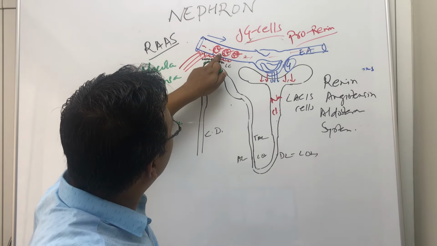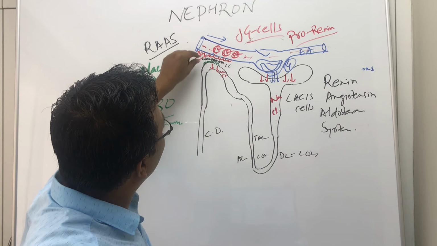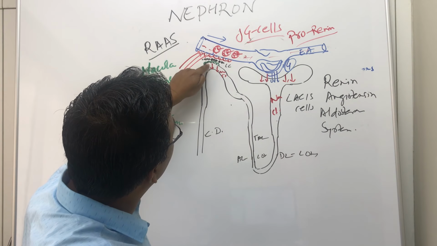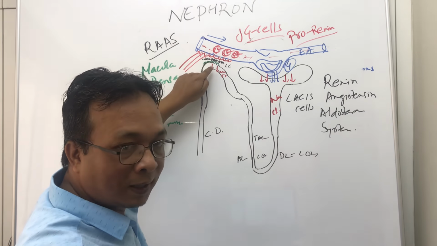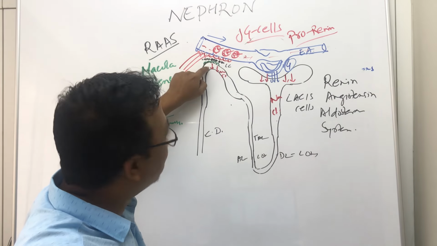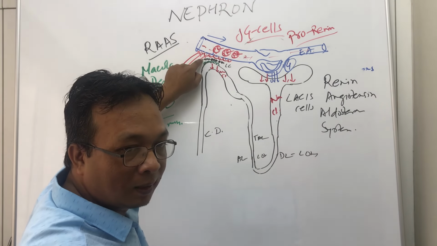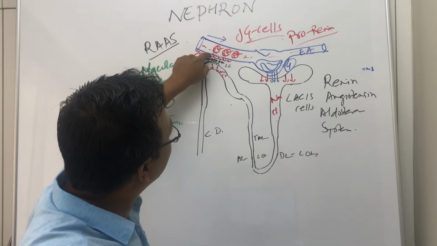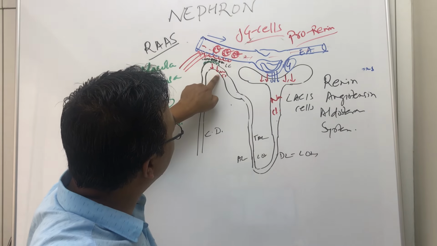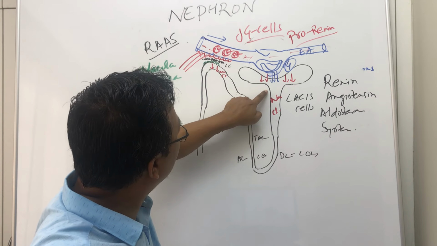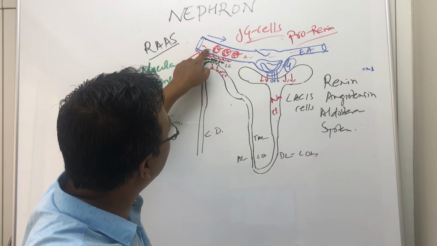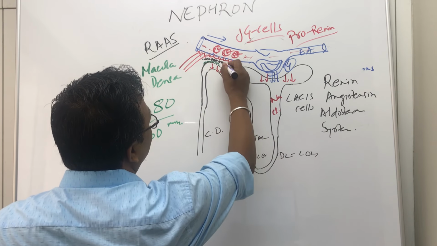So when the JG cells are activated, how are they activated? They are activated because of the macula densa cells, which communicate with the Lacis cells, and the Lacis cells further communicate with the JG cells. We don't know the exact mechanism, but because of the low fluid amount showing low sodium chloride, the JG cells are activated.